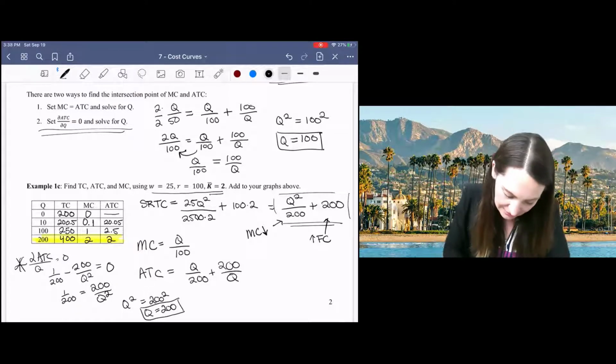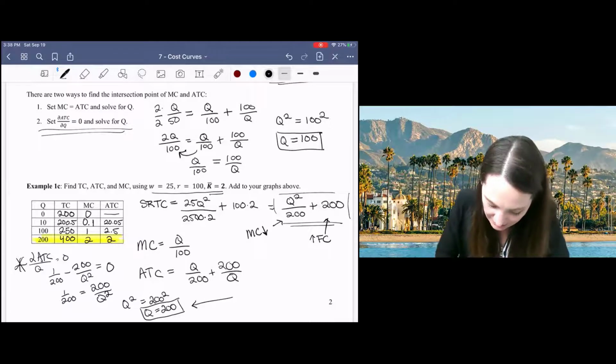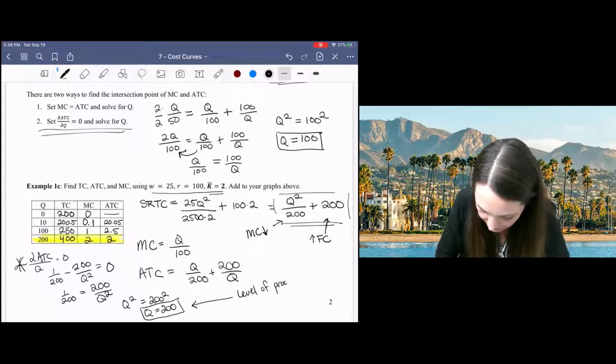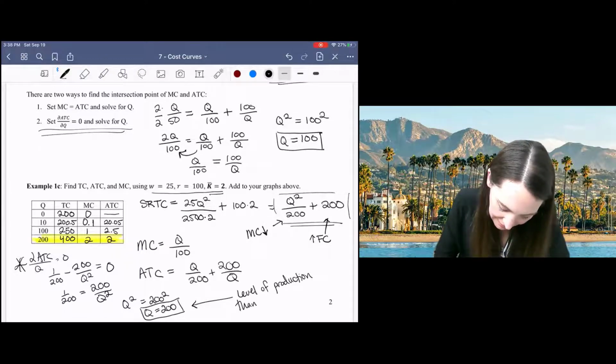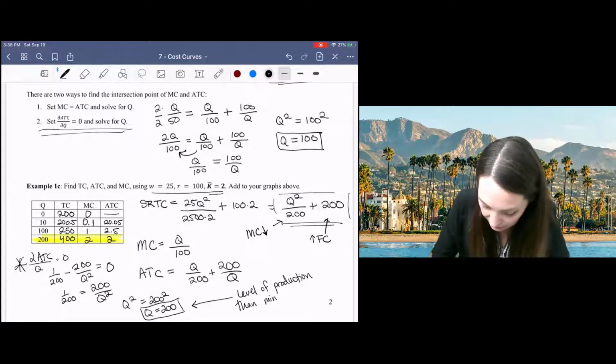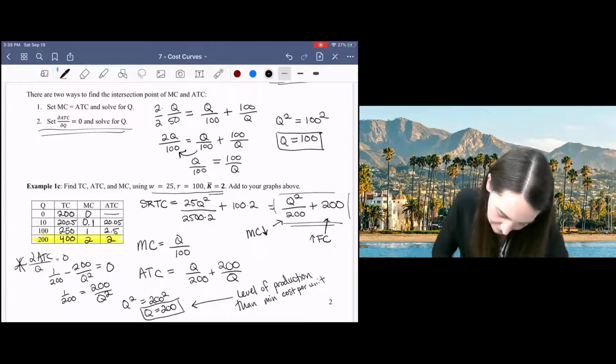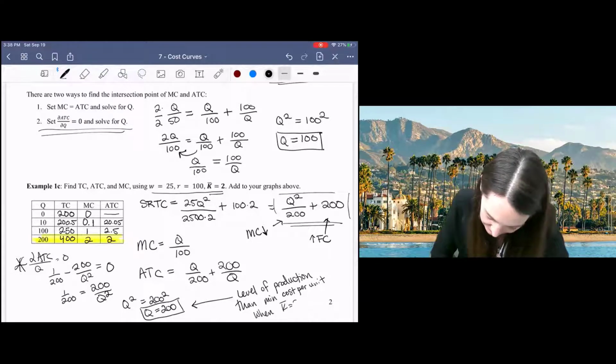So this is, again, the interpretation: this is the level of production that minimizes average total cost, or the cost per unit, when our capital is fixed at 2.